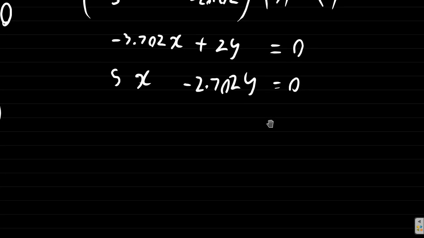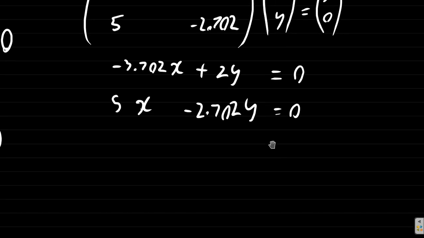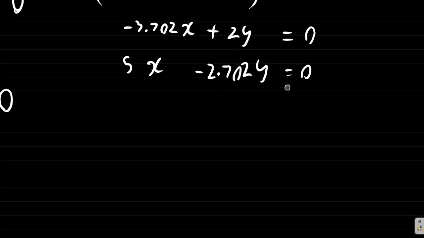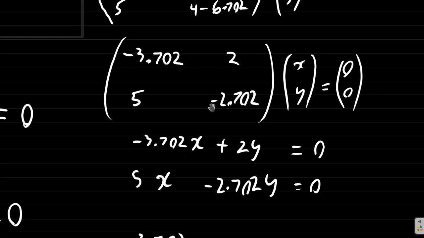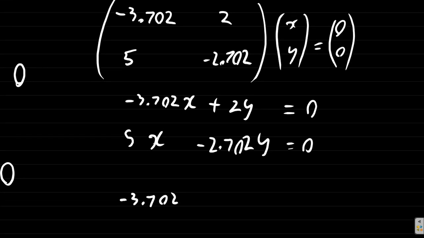Now, we can solve it using the normal elimination method, or we could use a matrix method. Since we're dealing with matrices, let's do that. So I have negative 3.702. Let's write it in matrix form, as it is up here.